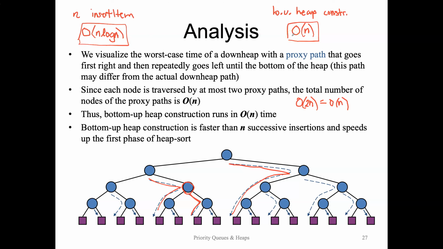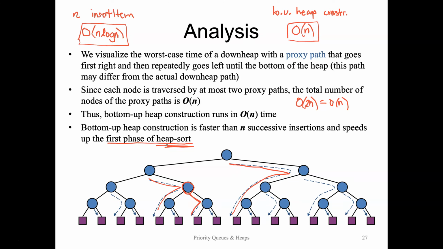So does this improve our heap sort at all? Kind of, it does. It'll improve the first phase of heap sort when we're actually constructing a heap. So we can construct a heap in linear time, but when we're using heap sort, there's a second phase to this, which is first build the heap, and then in our second phase, we repeatedly remove the minimum.